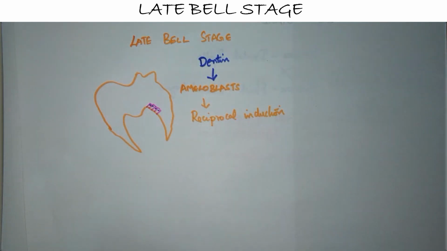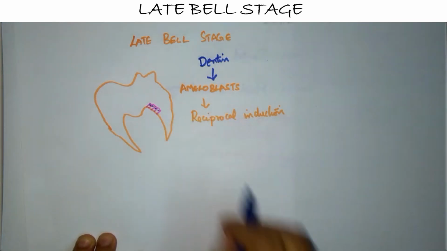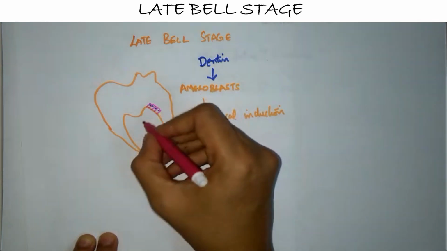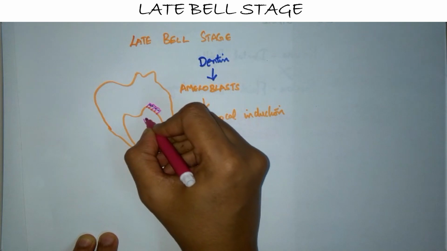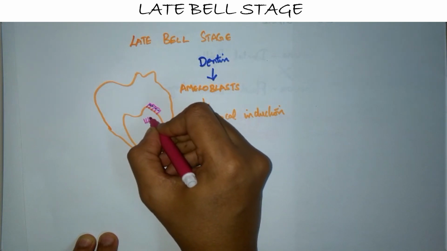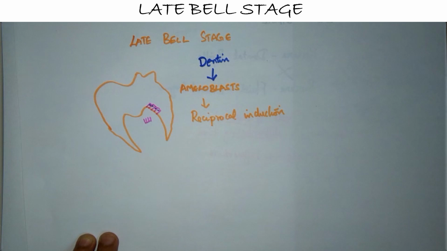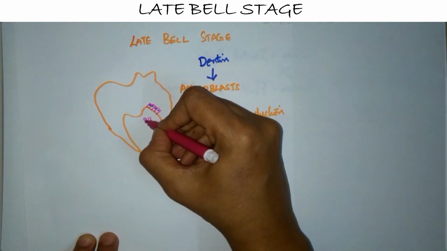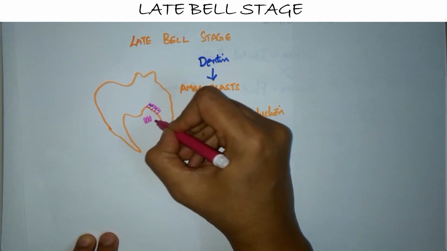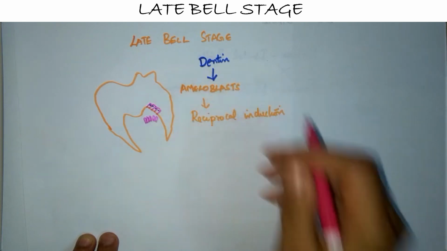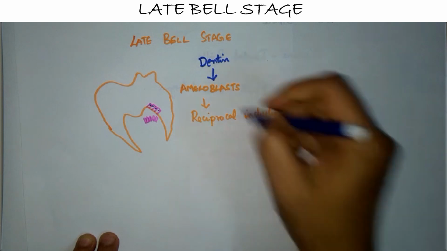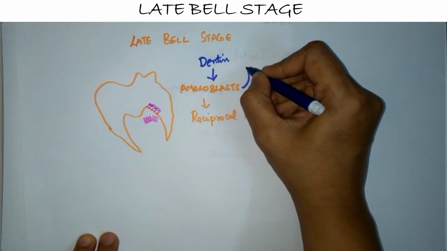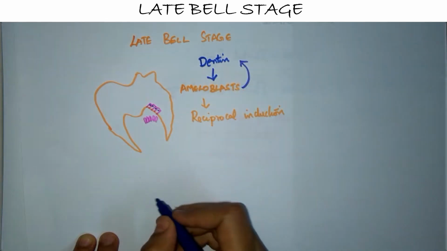For the dentin to be formed, the cells of the dental papilla should differentiate into odontoblasts. How will they differentiate into odontoblasts? They need the presence of some growth signals from the cells of the inner enamel epithelium.